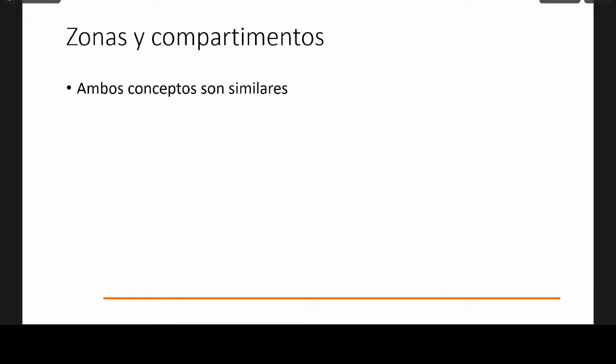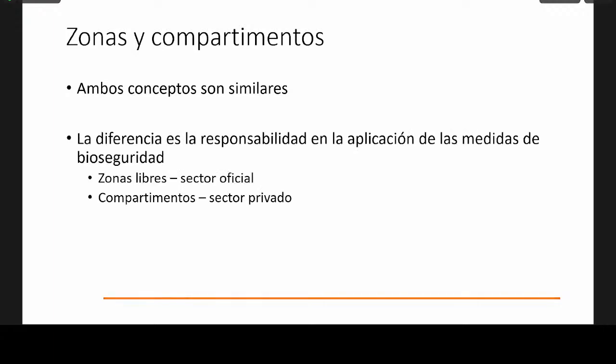Both concepts are similar because the goal is to recognize those populations that are free and to separate them from those that have been infected. And the difference is who will be responsible for the application of these biosecurity measures. When it comes to zoning, this is the official side, like the veterinary services in the country, who are responsible for maintaining this separation between a free zone and an infected zone.